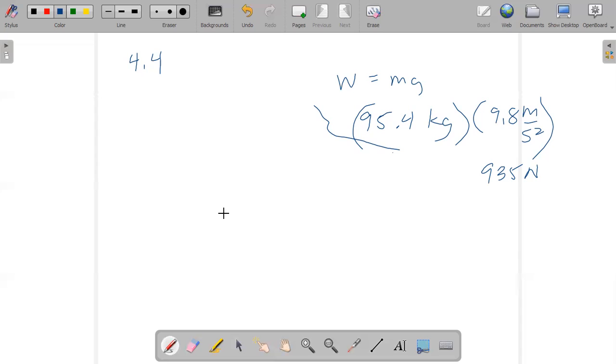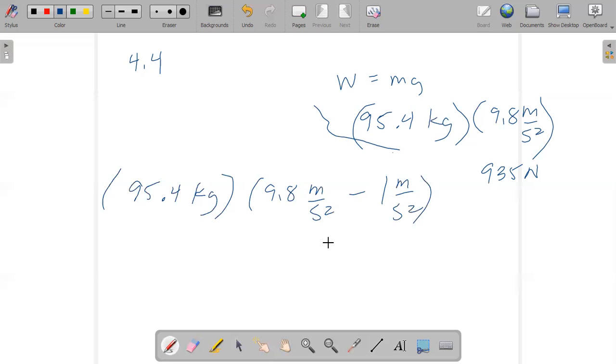So when you accelerate upwards in an elevator, you actually feel heavier. When you go downwards, there's less force, so you have to subtract that. So it's going to be 95.4 kilograms times 9.8 meters per second squared minus 1 meter per second squared, and that's going to be equal to 840 newtons.